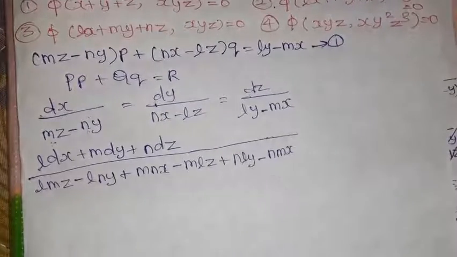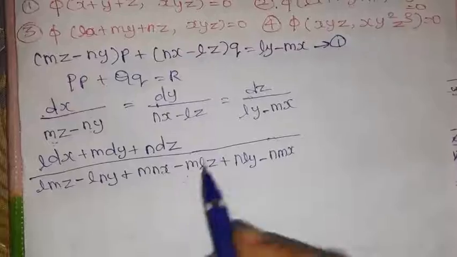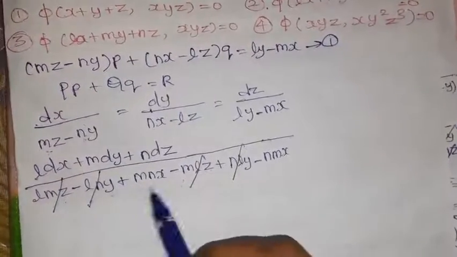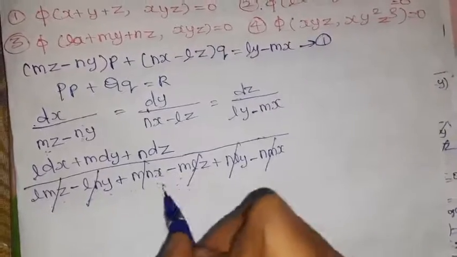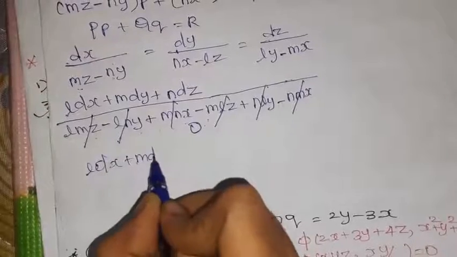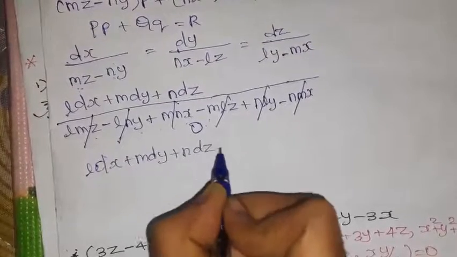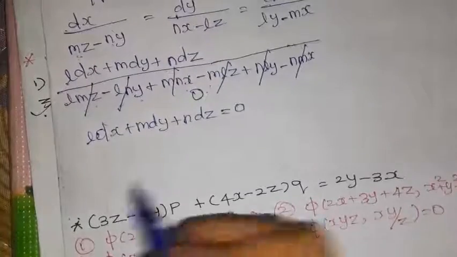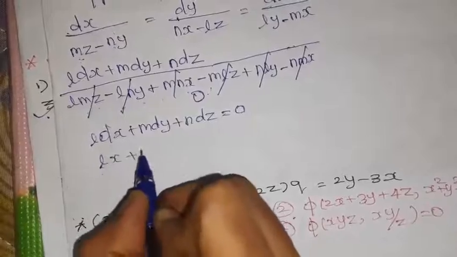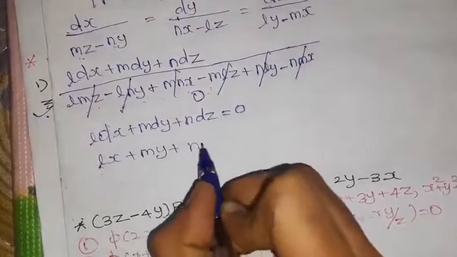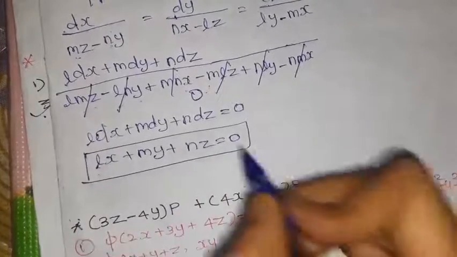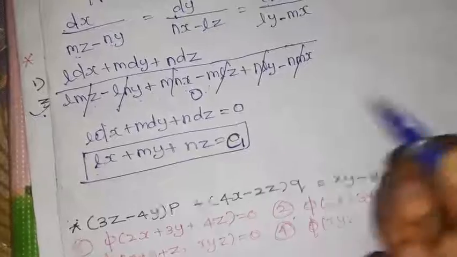We'll see whether it gets 0. lmz minus mlz, same thing, minus lny plus nly, mnx minus nmx, so it is 0. So what we will get? l dx plus m dy plus n dz equal to 0. Now we need to integrate. By integrating, what we will get? lx plus my plus nz equal to c1.